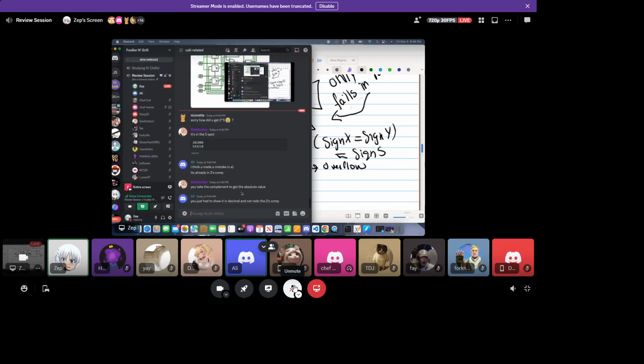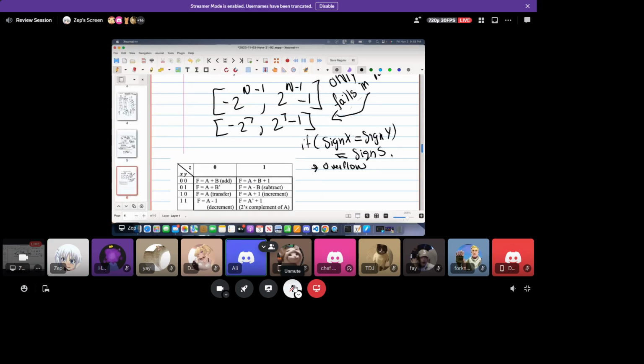Is everybody good with this? Just a side note: when you're doing arithmetic shift left, and your two most significant bits are opposite signs, you will have overflow, even if it enters the range.